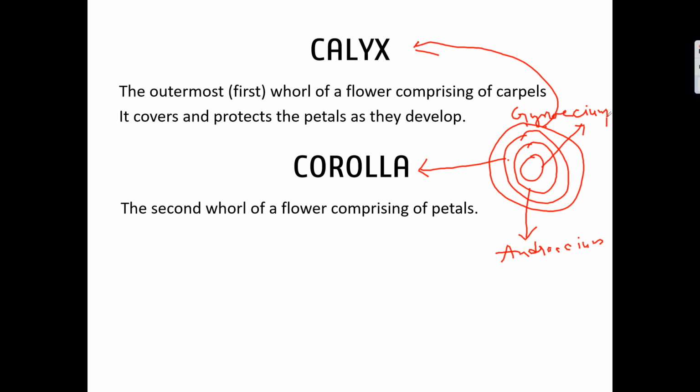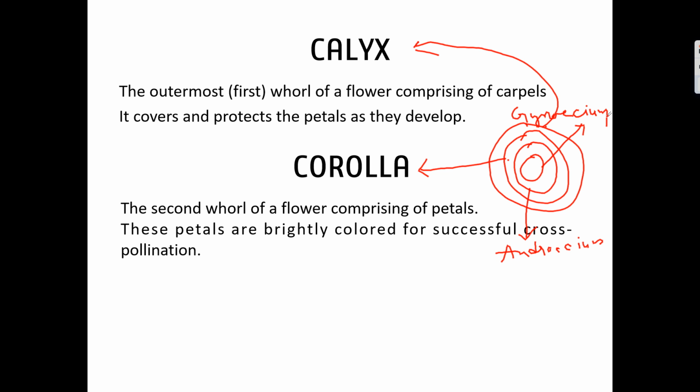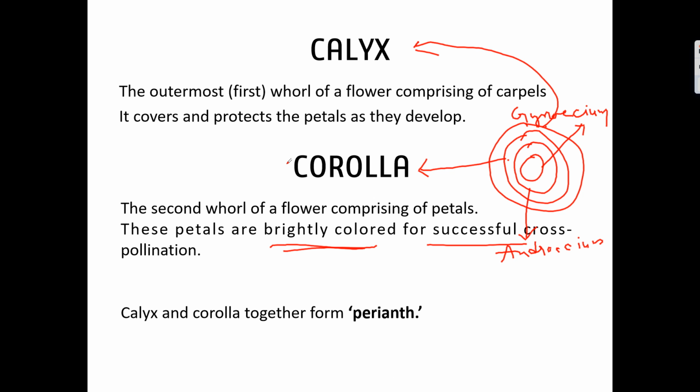Now let us talk about the corolla, the second whorl of a flower, which comprises petals. These are brightly colored and help in the process of cross-pollination. These are the functions of the accessory structures of a flower. Now let us look at the necessary structures.